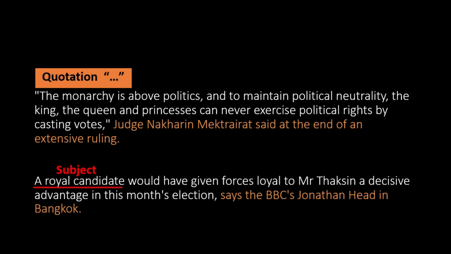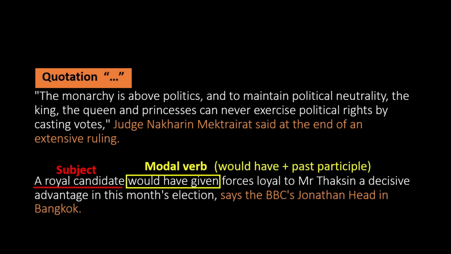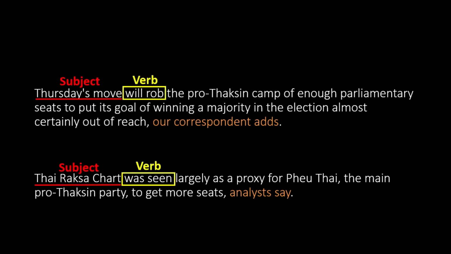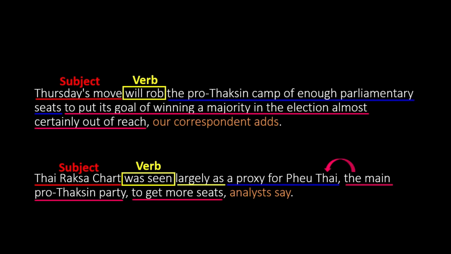A royal candidate would have given forces loyal to Mr. Thaksin a decisive advantage in this month's election, says the BBC's Jonathan Head in Bangkok. Thursday's move will rob the pro-Thaksin camp of enough parliamentary seats to put its goal of winning a majority in the election almost certainly out of reach, our correspondent adds.